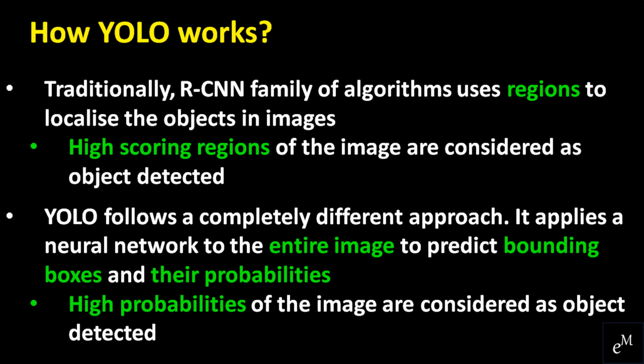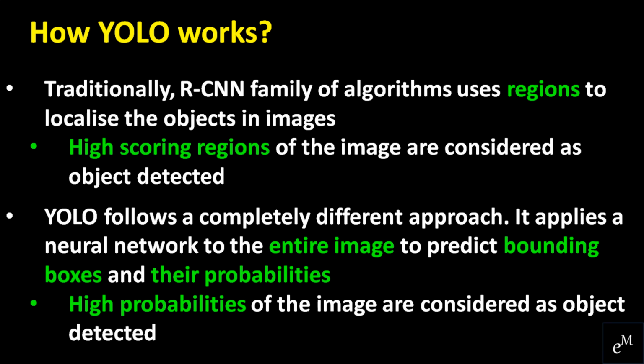On the other hand, YOLO uses a totally different approach. Instead of selecting some regions, it applies a single neural network to the full image and predicts bounding boxes and probabilities for each region. These bounding boxes are weighted by the predicted probabilities.